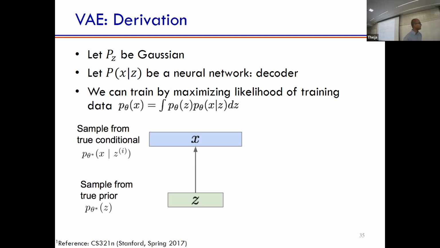So what are we going to approximate? We already said by definition P of Z is Gaussian, so there's nothing to do there. But what we're going to approximate is not this, but P of Z given X. Where is the P of Z given X here? It's not there, right?